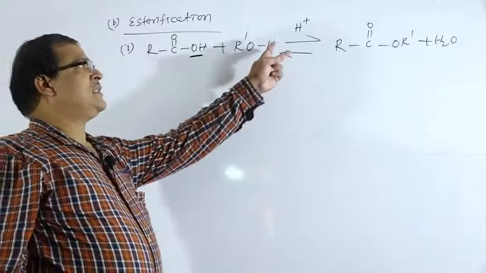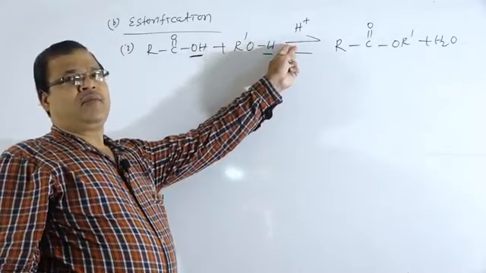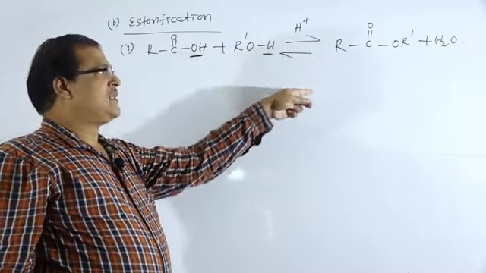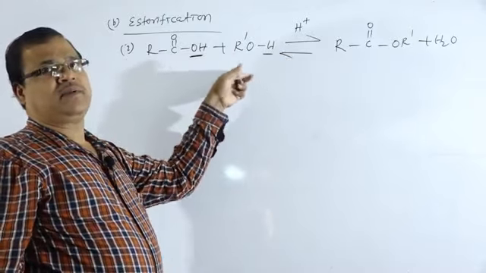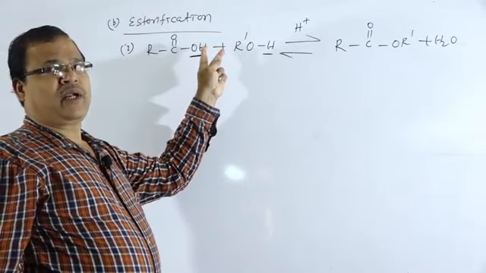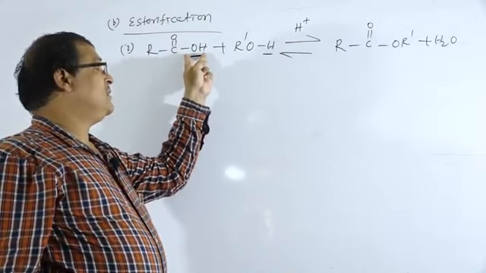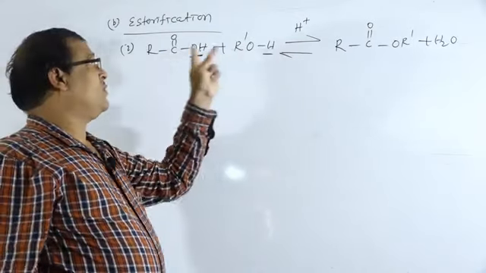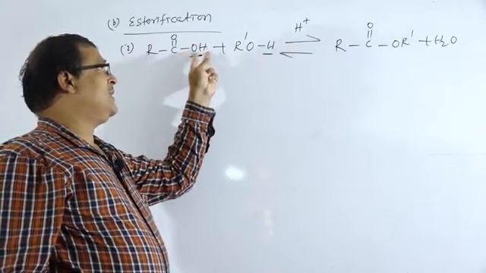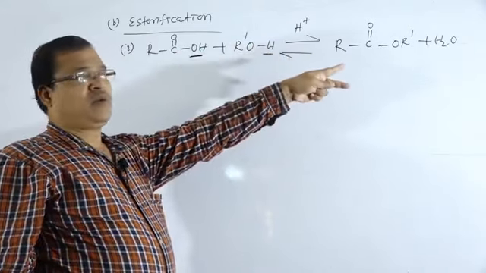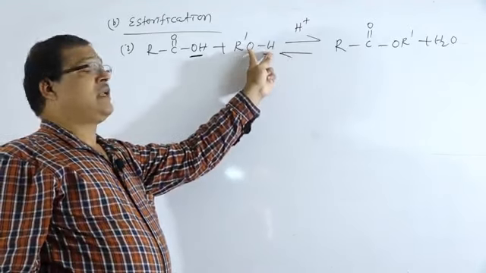This reaction is reversible. The forward reaction is known as esterification, whereas the backward reaction is known as hydrolysis of ester. A very important short question is here: the OH part of the acid and the H part of the alcohol combine to form water, not the OH part of the alcohol.